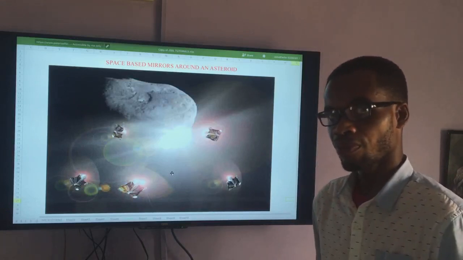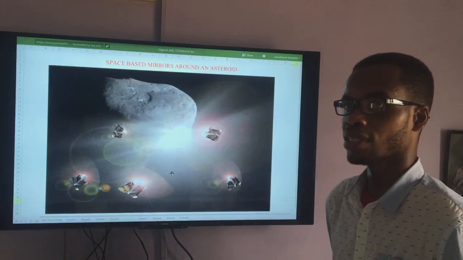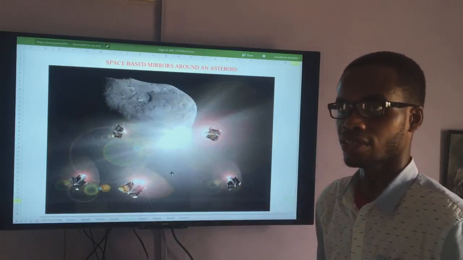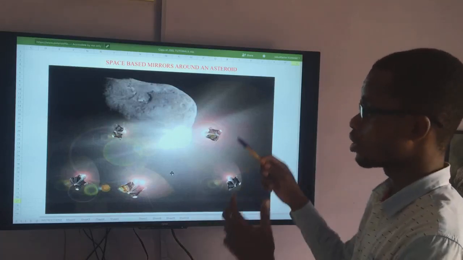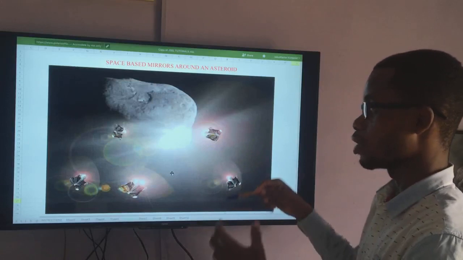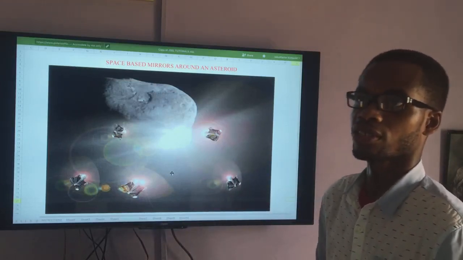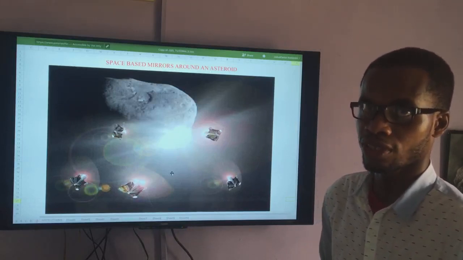So we've seen four. The first one, we looked at the gravity tractor. The second one, we looked at the space-based mirrors that throw concentrated sunlight on the surface of the asteroid. Then we looked at the nuclear weapon being released to crash the asteroid that is about to hit the earth.